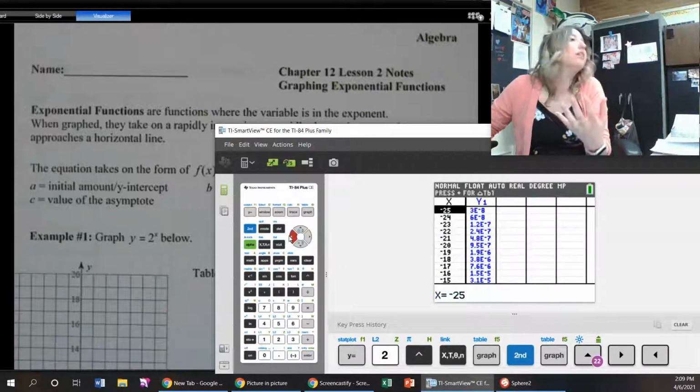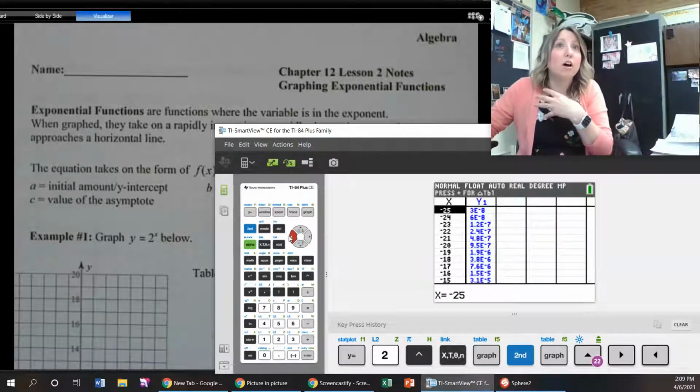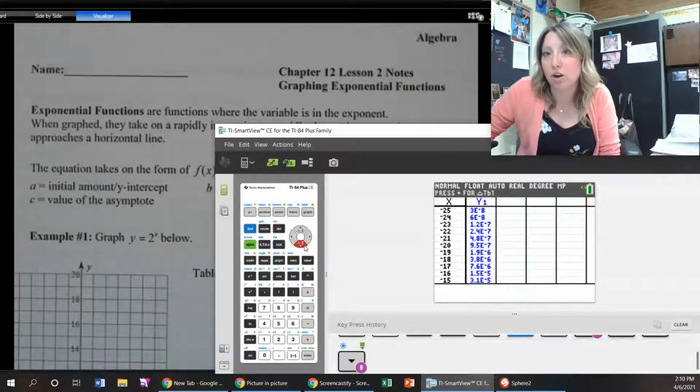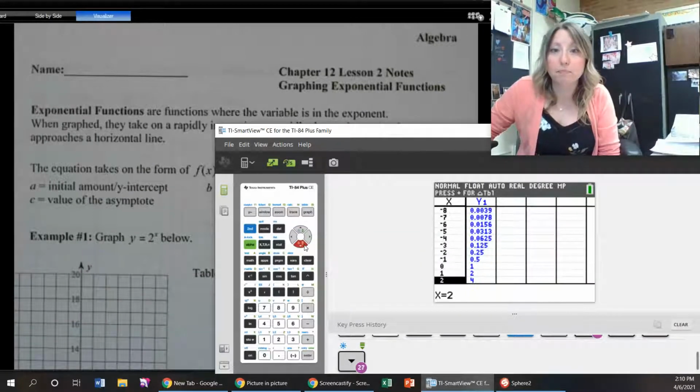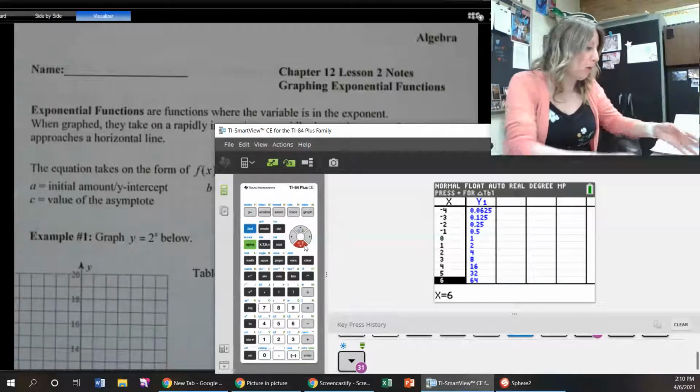Your decimal values might be so small that they would round to 0, but you're never technically at 0, touching or crossing the x-axis. That's what we want to be sure we're representing correctly when we put these points on our graph.